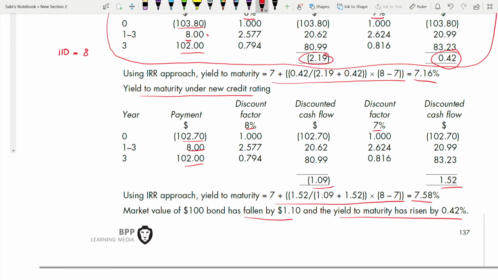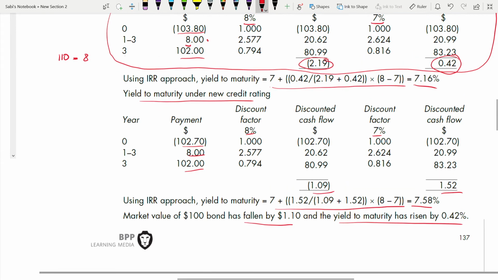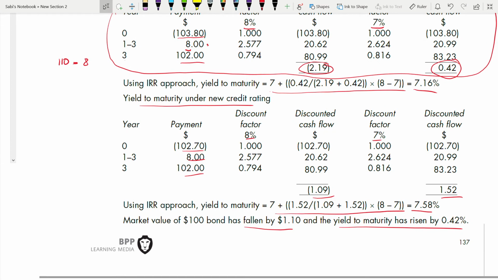And what happened to the yield to maturity? It increased. It rose. That means cost of capital increased basically, which is not good. The bond value before, in the old credit rating, was 103.8. In the new, what is the new? 102.70.